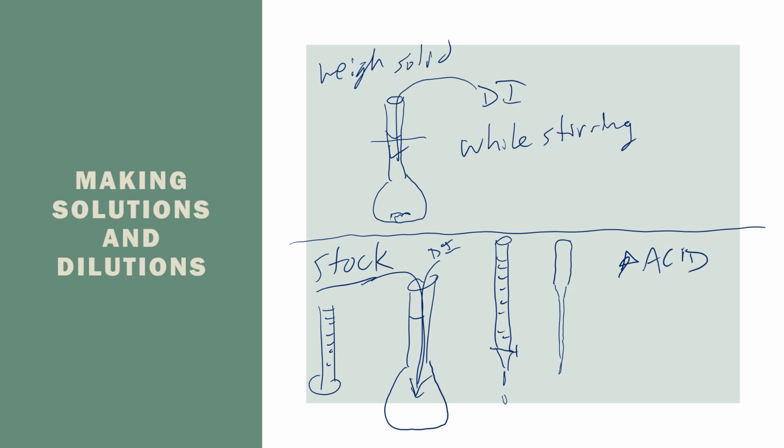So you always put acid into water. So have a little bit of water at the bottom, add in the amount of acid you need, and then continue adding water while stirring until it gets to the line. So those are your equipment options. That's how you make solutions and dilutions.